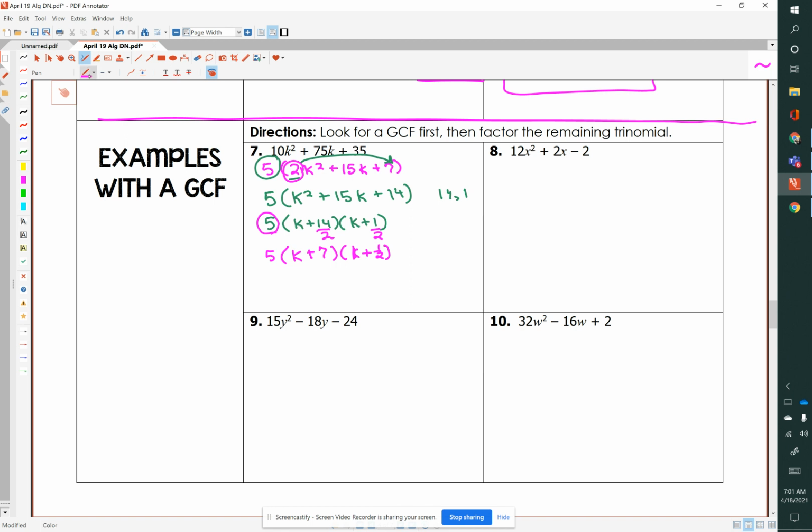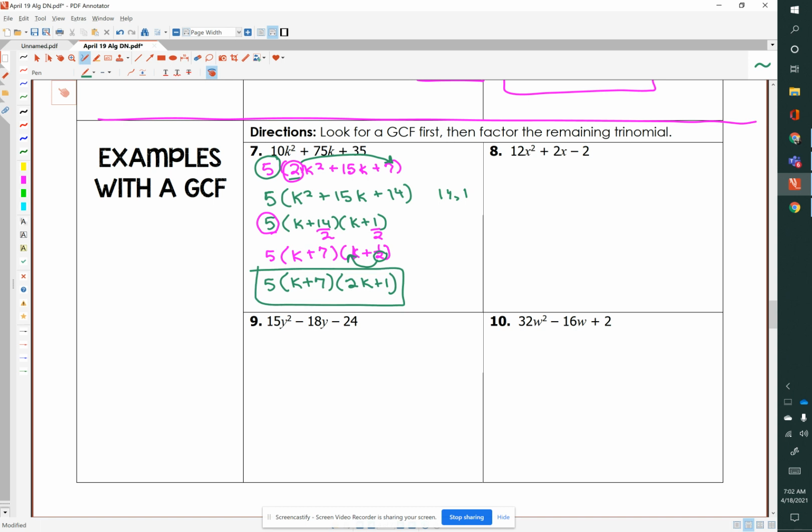Now, in the case of the second binomial, we do have a denominator of 2 to slip in front of the k. So we have 5 times k plus 7, and then our second binomial, 2k plus 1, and that is the final answer.